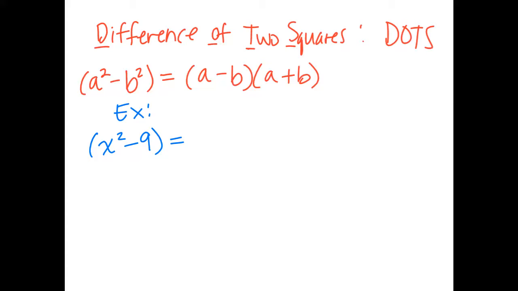But I can split this into the square root of x squared gives us x, and the square root of 9 gives us 3. And one would be subtraction, one would be addition, okay? That is a difference of two squares. You can split it into two binomials that are pretty much the same except for the addition and subtraction sign.